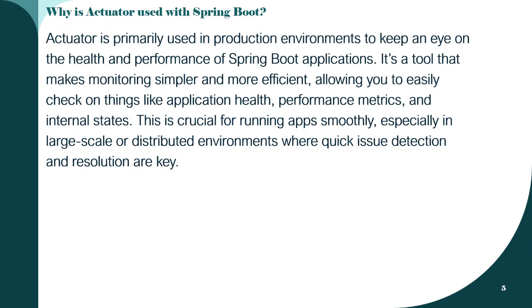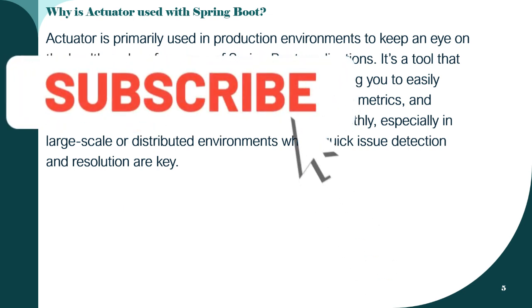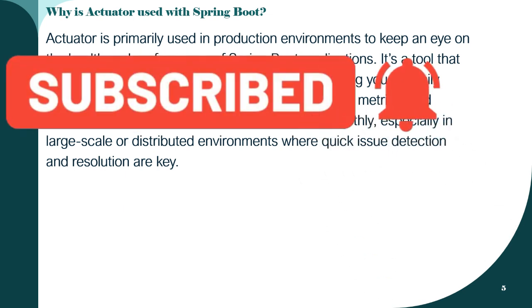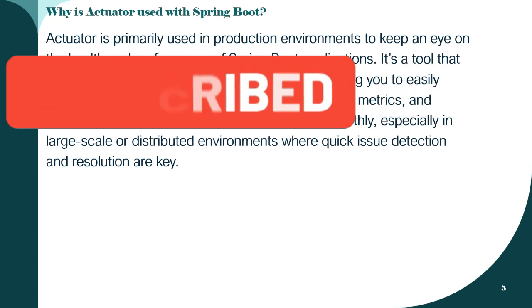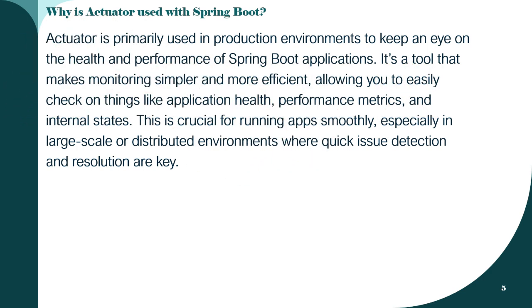Now what is the actuator used for? Primarily, as I mentioned, it is used in the production environment to keep an eye on the health and performance of the Spring Boot application. It is a tool that makes monitoring simpler and makes you more efficient. It allows you to check things like application health, performance, metrics, and some internal states.